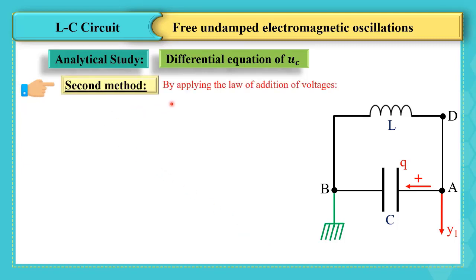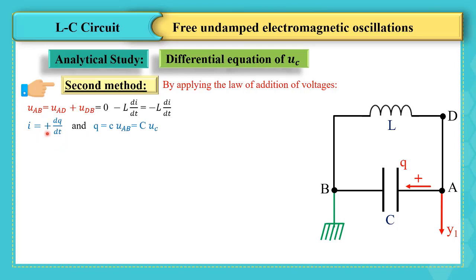Second method, by applying the law of addition of voltages. U_AB will be equal to U_AD plus U_DB. U_AD is 0 since the wire has no resistance, and U_DB is equal to minus U coil since it is opposite to the positive sense, so it will be equal to minus L di over dt since the coil has no resistance.